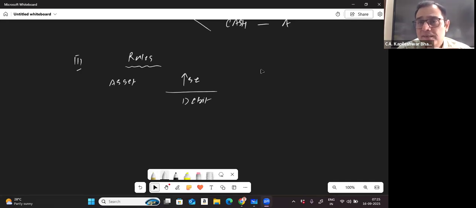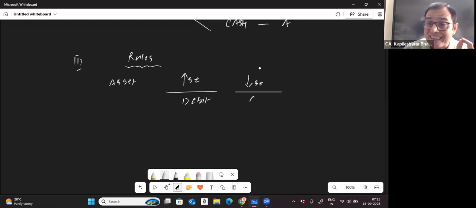So he decided that one account will be a debit and the other one will be a credit. For this purpose, he decided certain rules because he wanted to ensure mathematically everything will tally at the end. So if the asset increases, you will debit the asset. If the asset decreases, you will credit the asset.